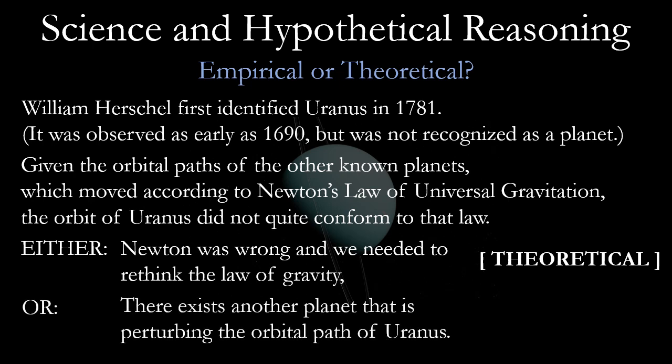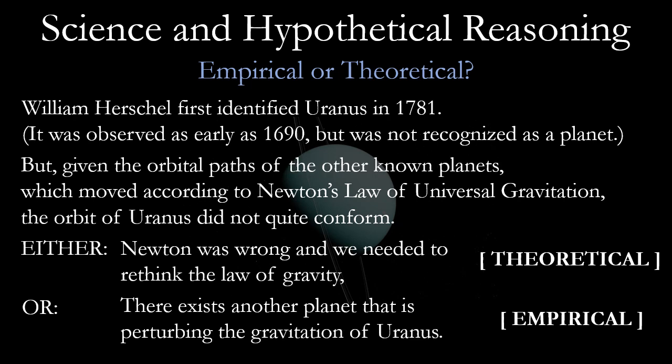Or perhaps there exists another planet somewhere out there that is perturbing the orbital path of Uranus. Perhaps there is another planet that we have not yet seen, that explains why Uranus's path is so unusual. That's an empirical hypothesis because it suggests that there exists something else that is detectable and measurable given the right instruments.